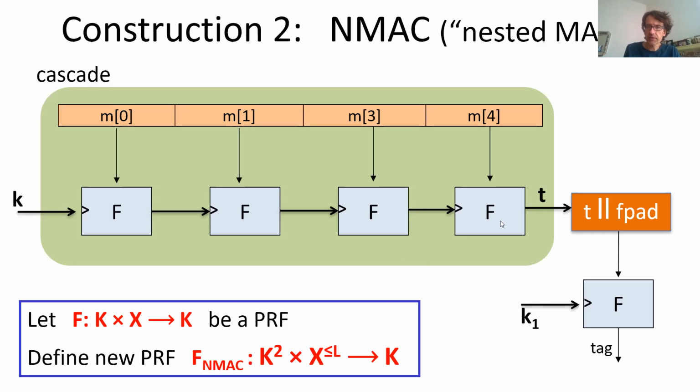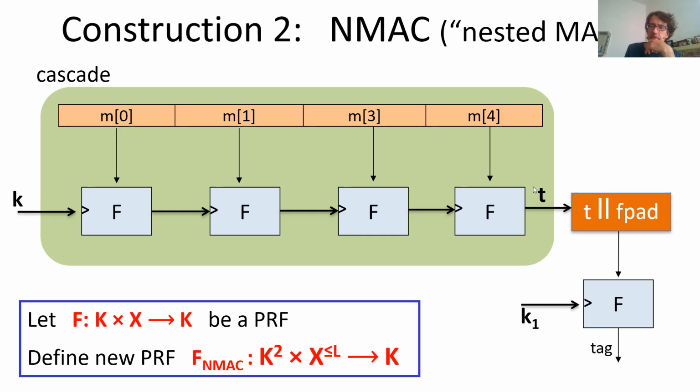Cascade is easier to see why you need this post-processing. So imagine that just like in the case of the encrypted CBC, this is called, well, like a raw nested MAC, but it also has its specific name, cascade. Why don't we end here?